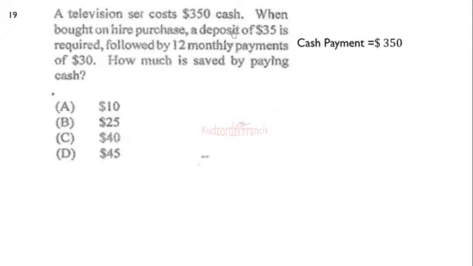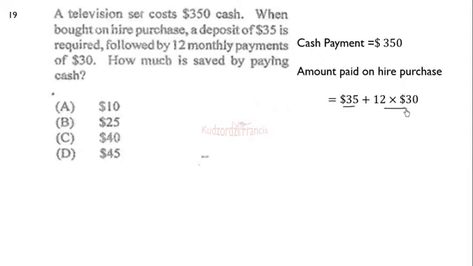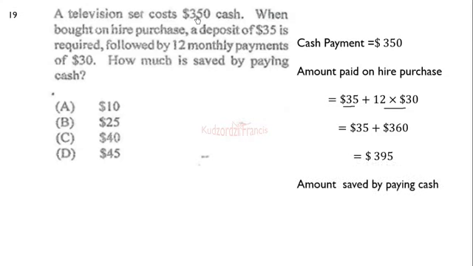The cash payment is $350. The amount paid on hire purchase is the deposit of $35 plus the payment in installments. Now 12 times 30 is 360. 360 plus 35 is 395. So take 350 out of 395 to get $45.